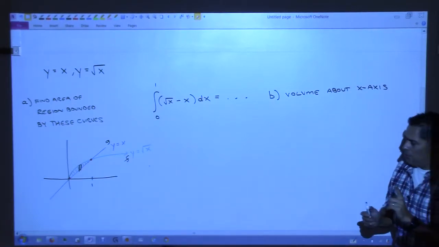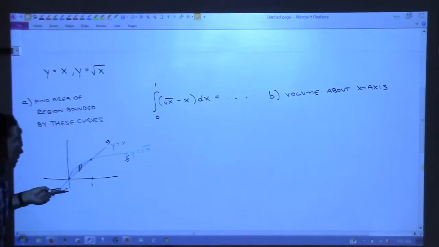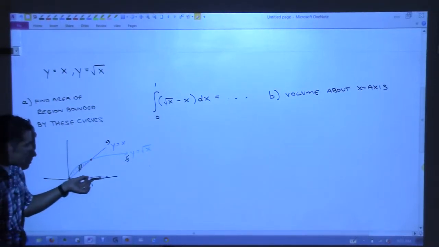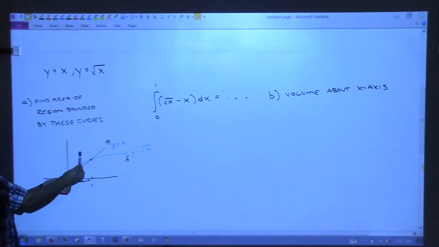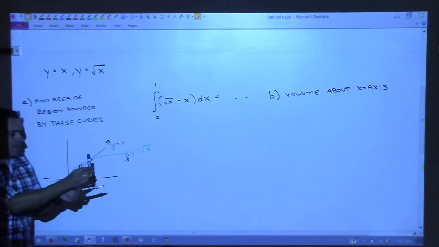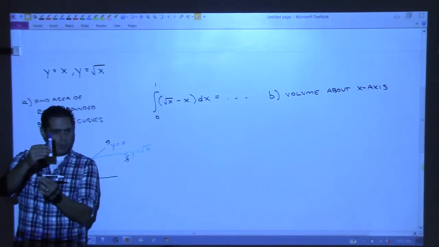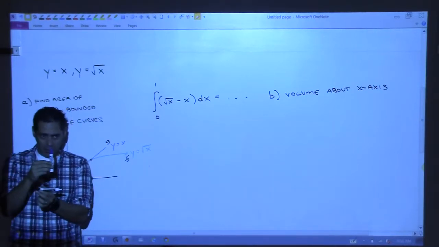Okay? Also, I'm going to point this out again because of what I'm going to say later, that with this method that we've been using to get the volumes, notice that our axis of rotation is like this, right? That's our axis of rotation. And our rectangle is this way, right? And that means that the rectangle that we're using and the axis of rotation are perpendicular to one another, right? Perpendicular.